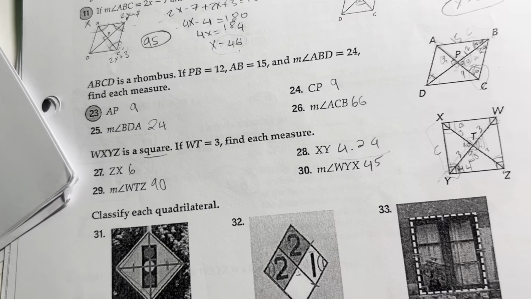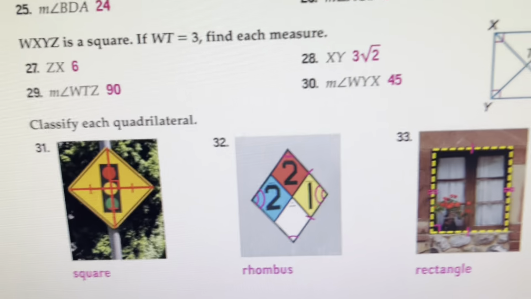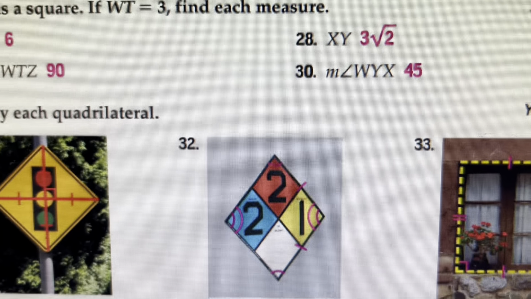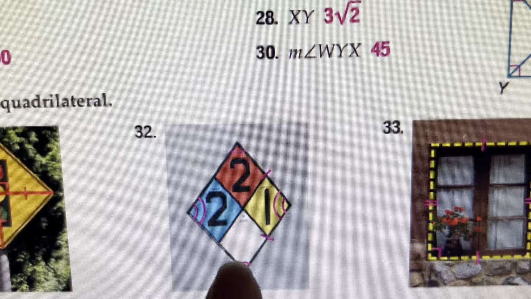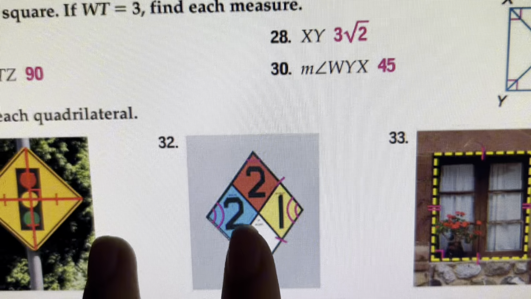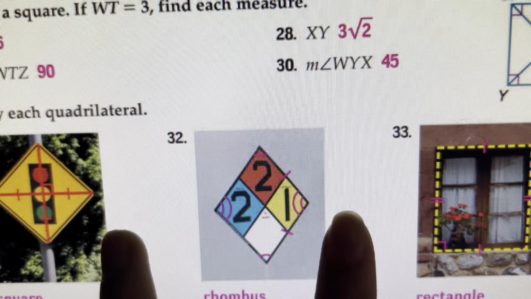Okay, number 32. So look, it's kind of blurry in the paper, so I'm going to show you the one with the colored pictures. You see this angle right here is congruent to that angle, and this angle right here is congruent to that angle, like they're opposite angles congruent.